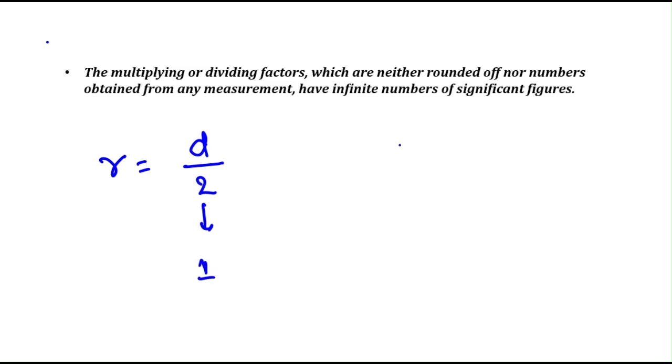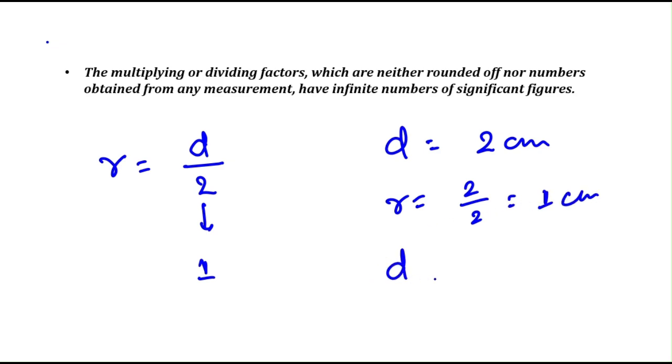Okay, this is good. If you have measured the diameter to be 2 centimeters, then the radius will be 2 by 2, that is 1 centimeter. But if you have measured this value to be 20 millimeter, or you can say 2.0 centimeters, then there are two significant figures here.